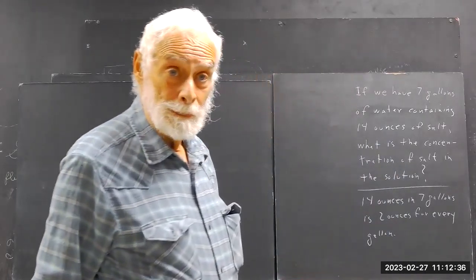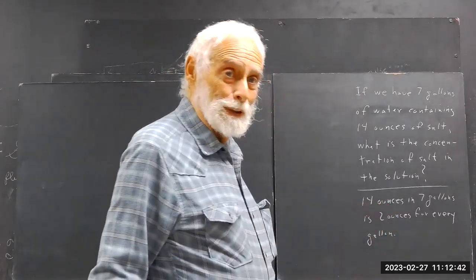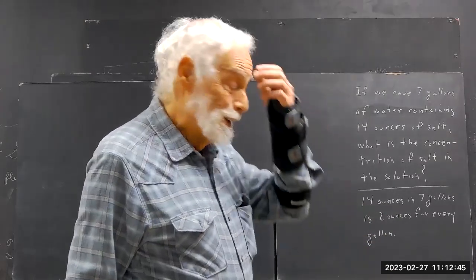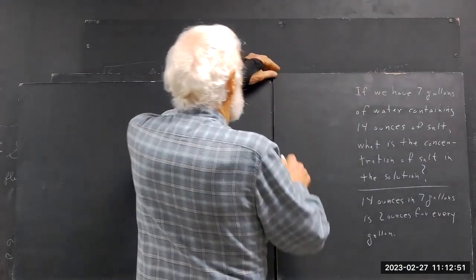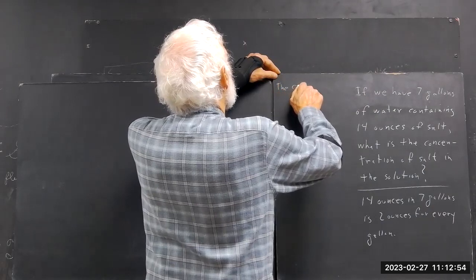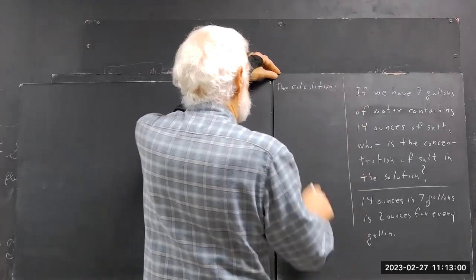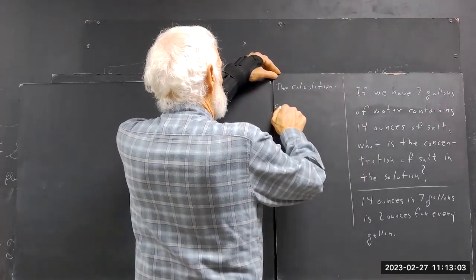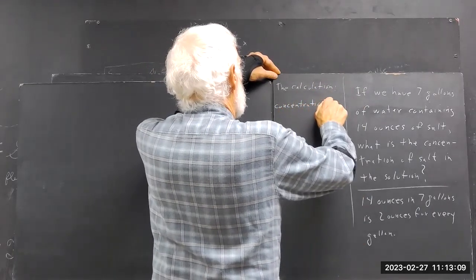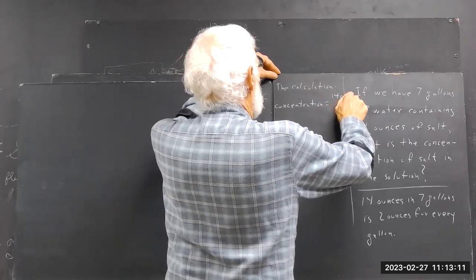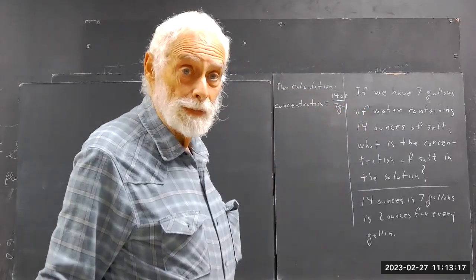It's 2 ounces per every gallon. Okay, that's pretty obvious. And when I phrased it that way, you got it pretty much immediately. How do you calculate that? Put the 14 ounces over the 7 gallons.